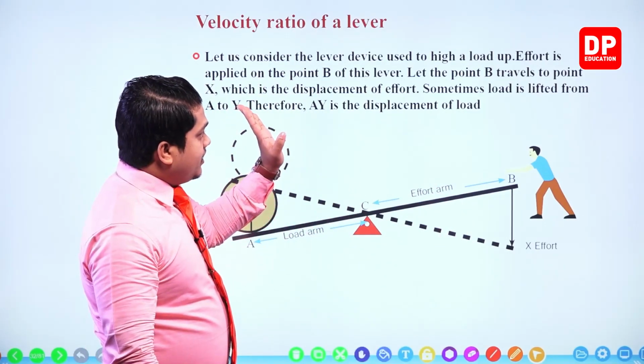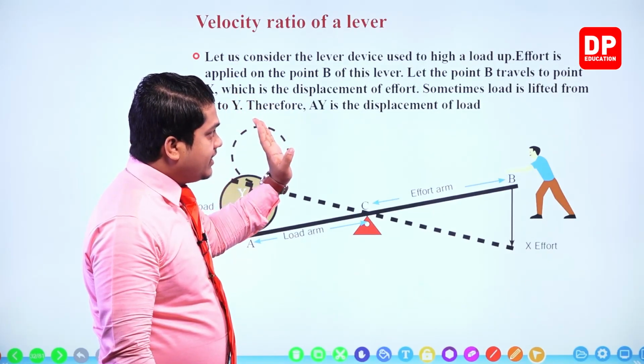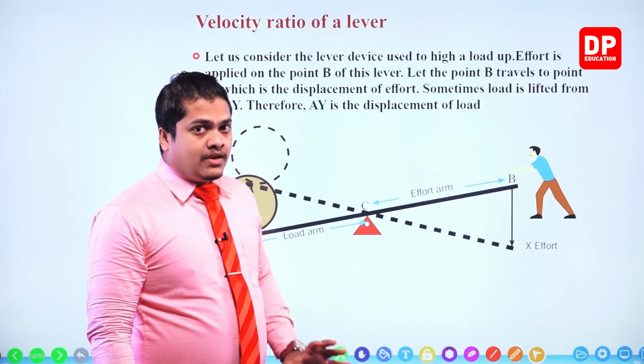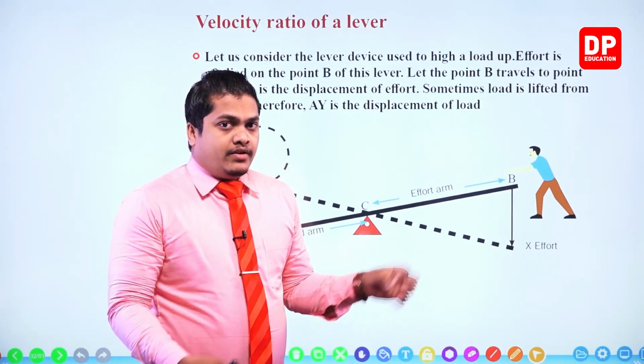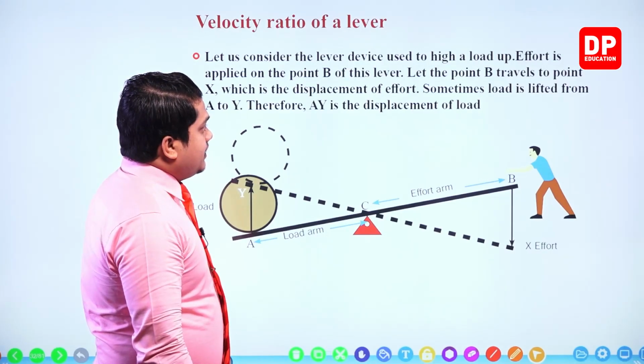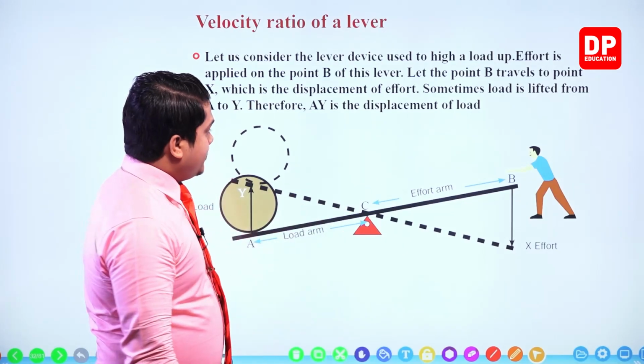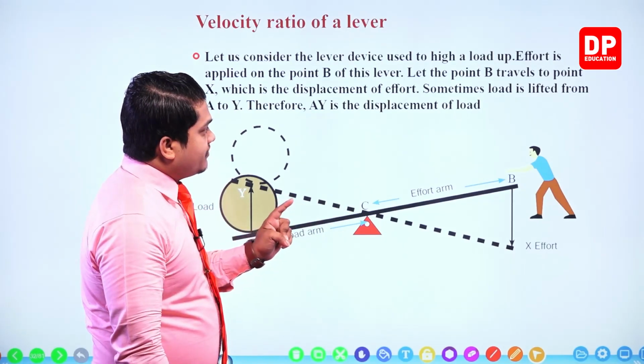Within the explanation given here also, by reading it you can get the idea of what is going to happen within this lever. So let the point B travel to the point X at the effort, which is the displacement of the effort.